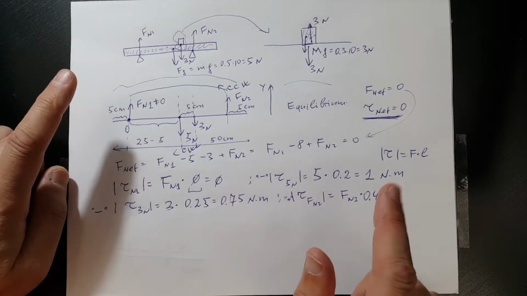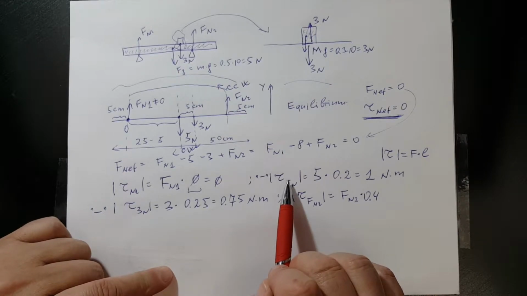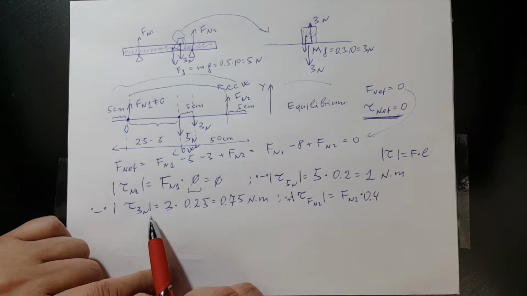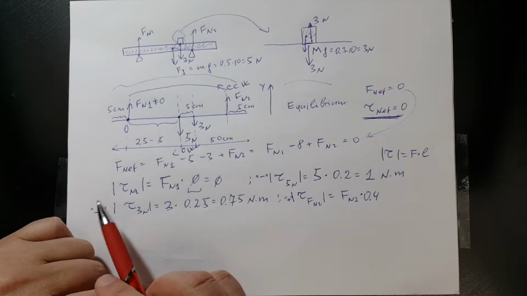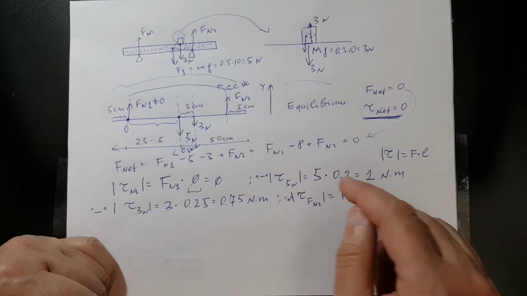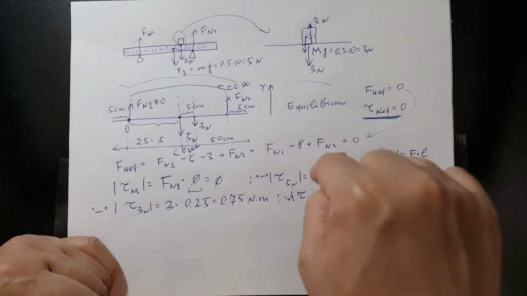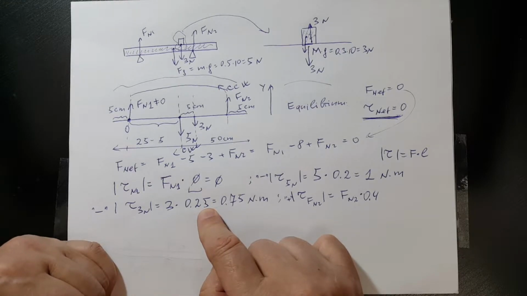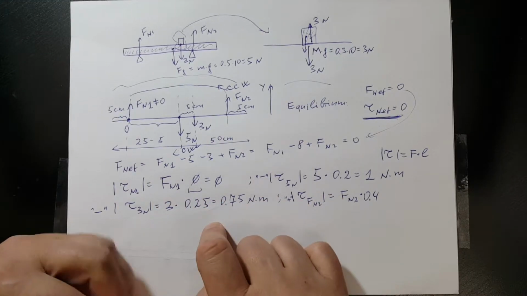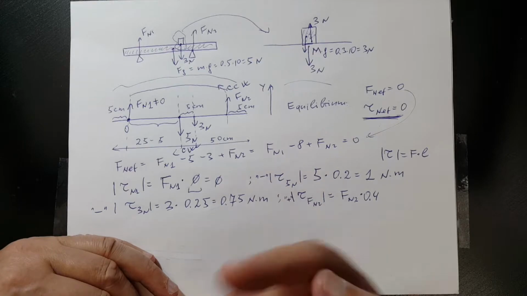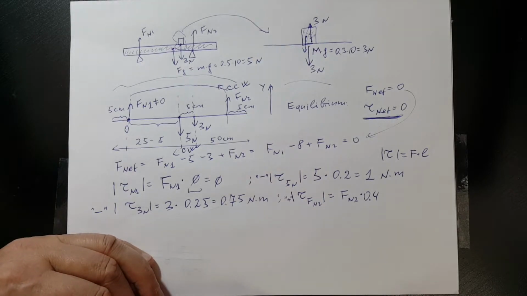That literally means this torque has a negative component relative to the z-axis. This torque has a negative component relative to the z-axis, and that means the arrow representing this torque points into the page, away from us. The arrow which represents this torque also points into the page, away from us, but the arrow which represents this torque points out of the page, toward us.